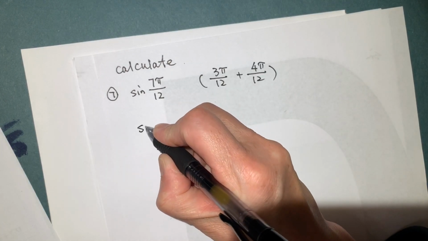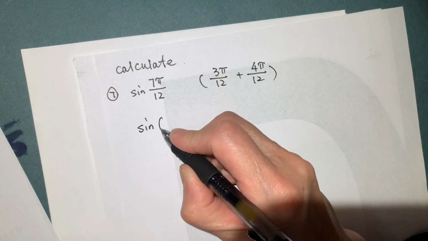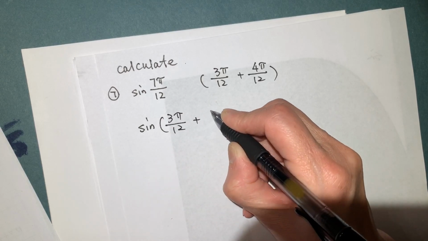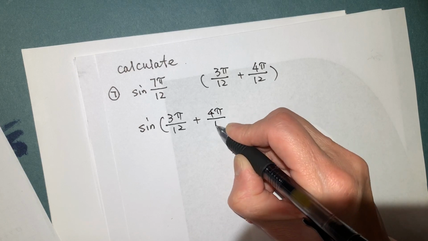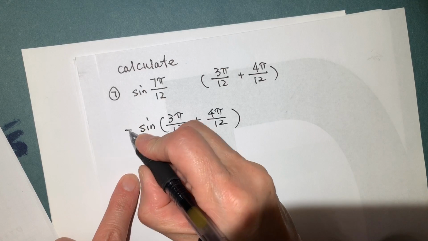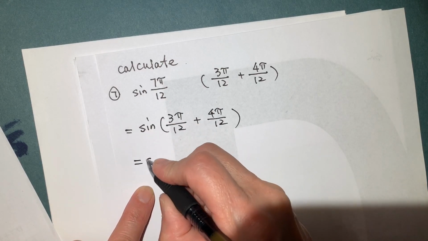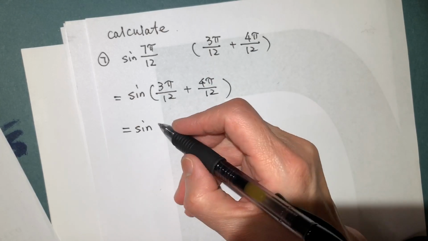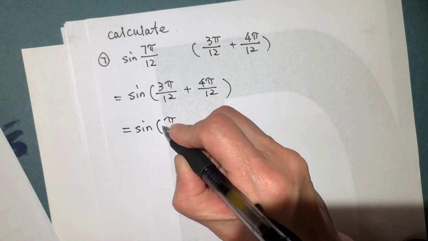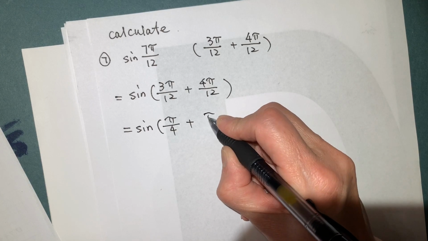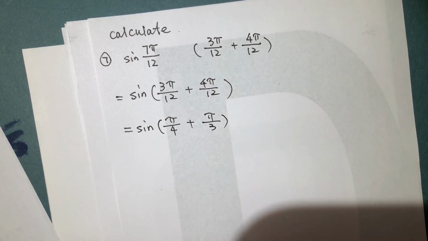So it becomes sine of 3 pi over 12 plus 4 pi over 12. This way you can see clearly, right? And then we can write it in a more familiar way, pi over 4 plus pi over 3.